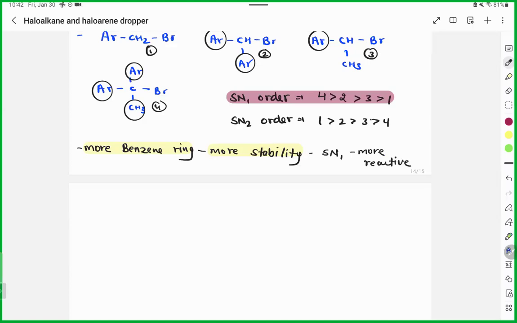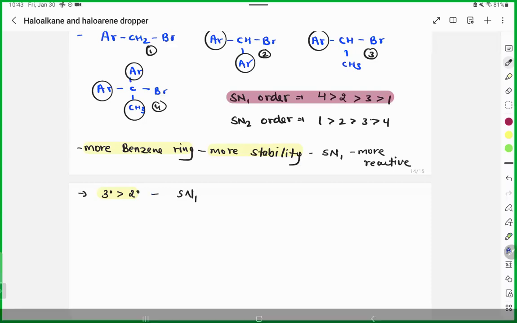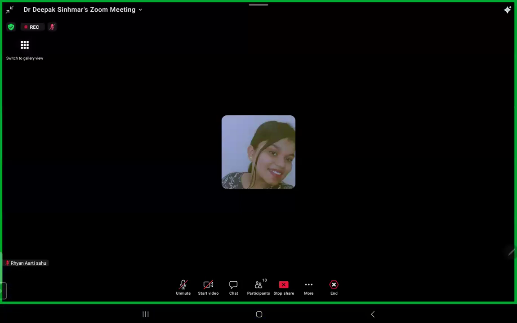If 2 and 4 have the same number of benzene rings, then tertiary is greater than secondary. In the fourth you have tertiary, and in the second you have secondary. So this one will be higher in the SN1 activity order. Any doubt? No, sir.